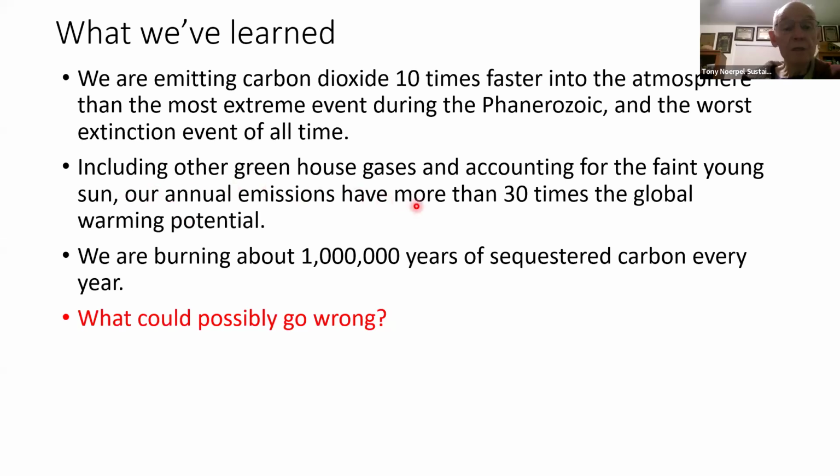Our annual emissions have more than a 30 times global warming potential, as they did during this period. And the amount of fossil fuels we are burning took about 1 million years for the Earth to manufacture. That's a million years of sequestered carbon every single year. Obviously, we can ask ourselves, what could possibly go wrong with those numbers?